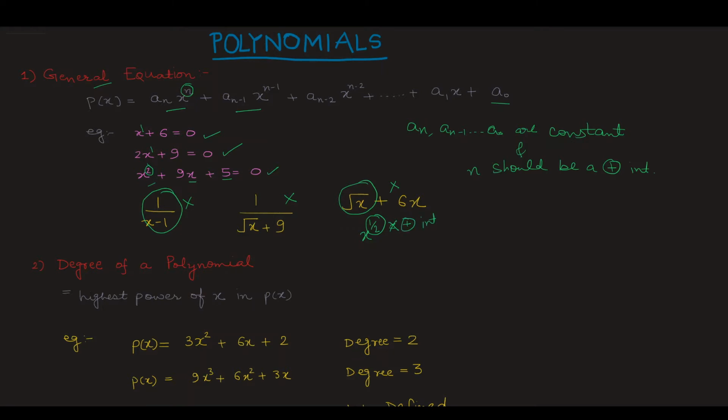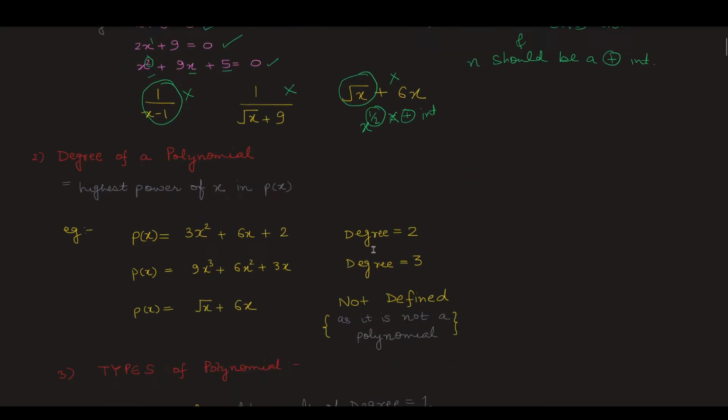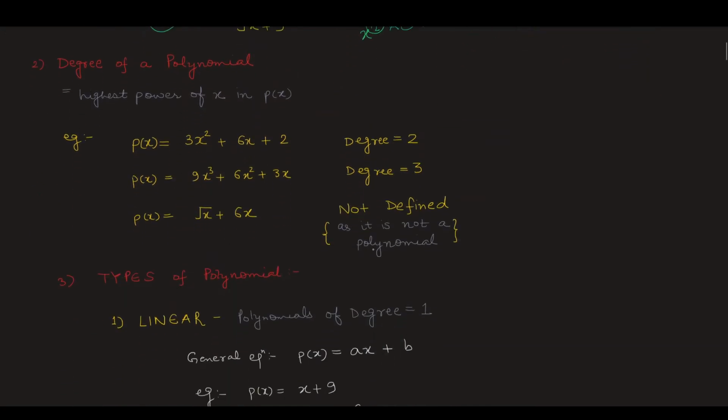Now after general equation we move on to the degree of a polynomial, which is the highest power of x in p(x). Let us understand this with an example. Suppose p(x) is 3x square plus 6x plus 2. Here this 2 is the highest power of x, so its degree is 2.